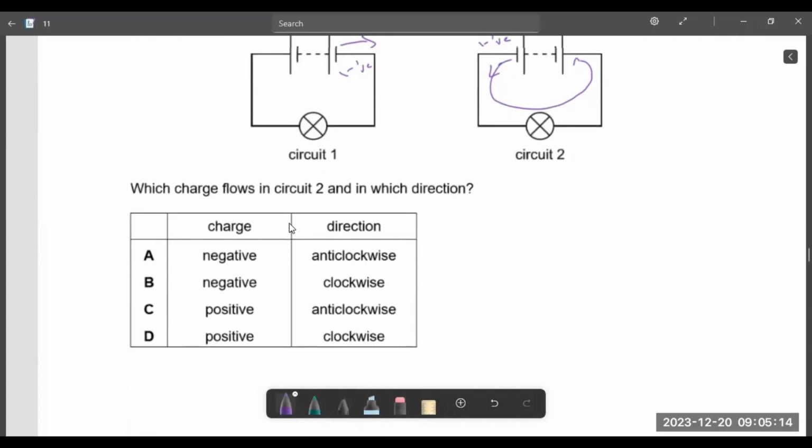Which charge flows in circuit 2, and in which direction? Here negative charge will be flowing in just the opposite direction, that is, anti-clockwise. So the right choice is A, negative anti-clockwise.